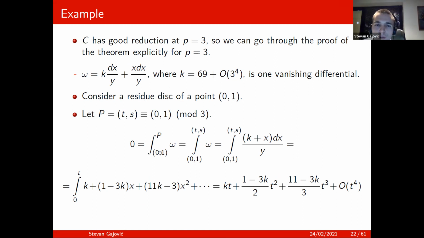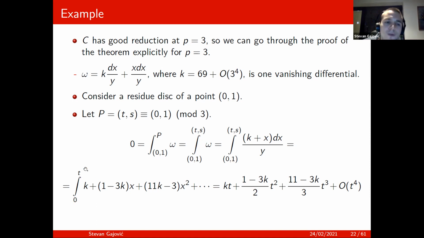And then we use how this integral is defined. These are properties that we listed. This is why these properties were important, but let's not waste time on that. This is an explicit way how we compute it. The good thing is that when we are in the same residue disk, we can forget the y coordinates, as you can see.